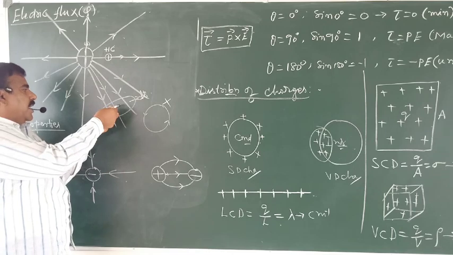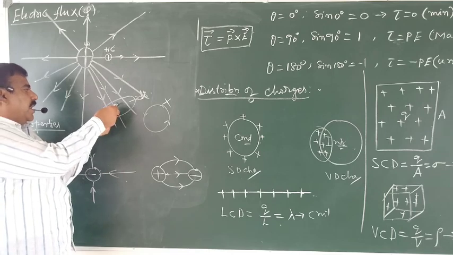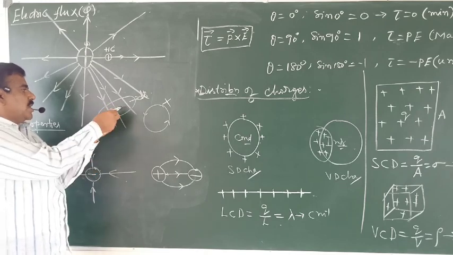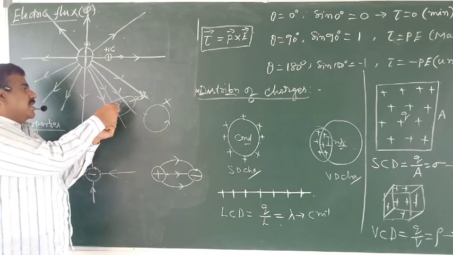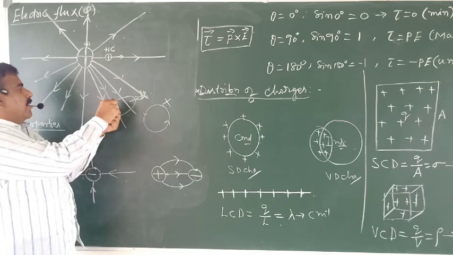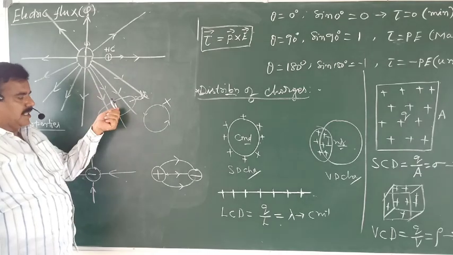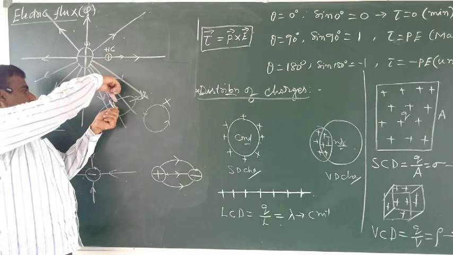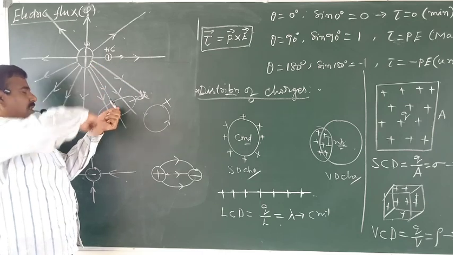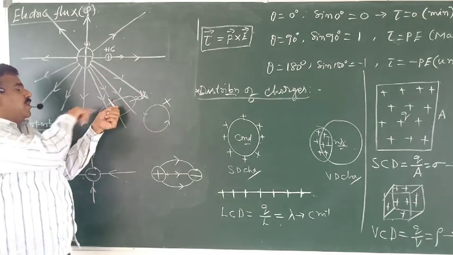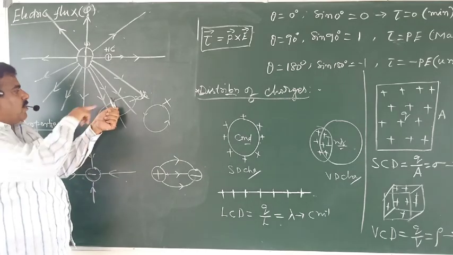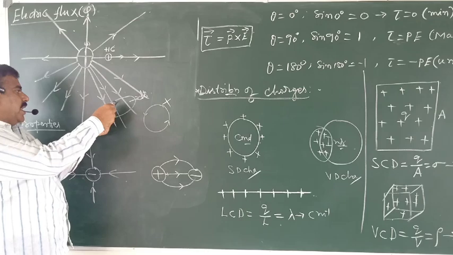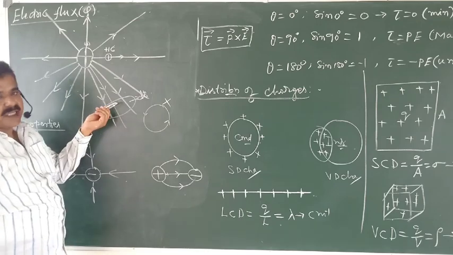If I orient this area in different directions, the amount of flux passing through it decreases. If I hold it parallel to the field lines, whatever field lines come to this side go along this side, and no flux passes through it. The flux through this area is 0; in the other position, it becomes maximum.